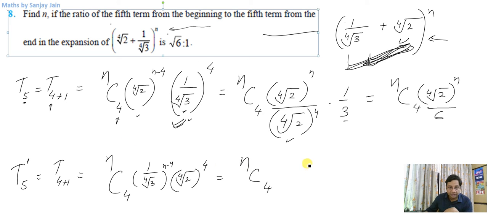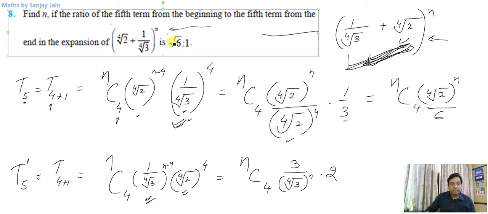So nC4 here, and this raised to the fourth power will give me 2, and this raised to n minus 4. So what I can write it as is 3 by the fourth root of 3 raised to power n. This is how I can write it. You can try yourself and you will find that what I'm saying is correct.